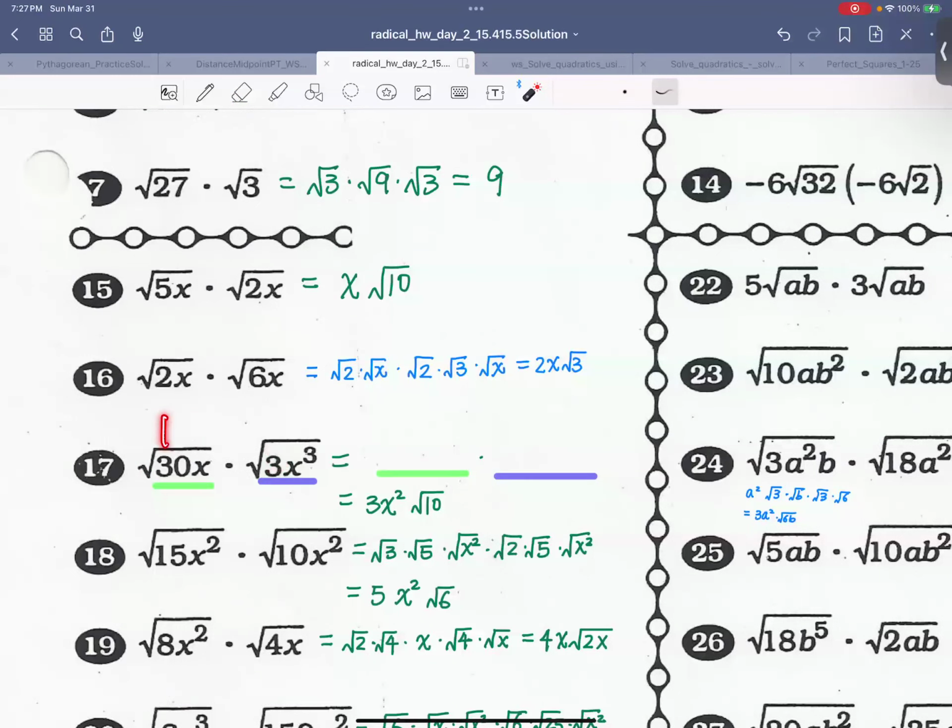So you can do 10 and 3. So you do square root 10 times square root 3, which is square root 30, right? Yes. And you have an x. You have x and you have x cubed.